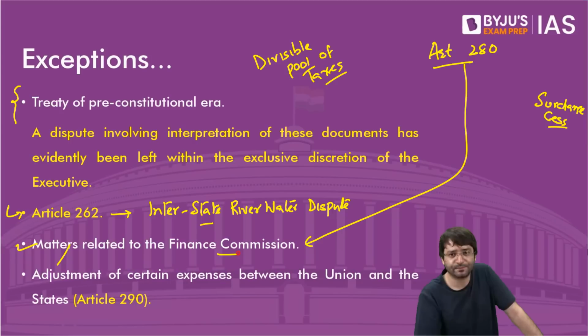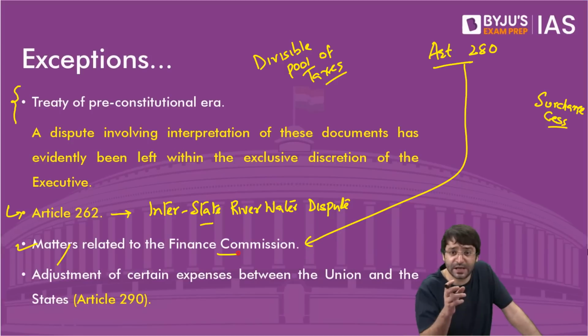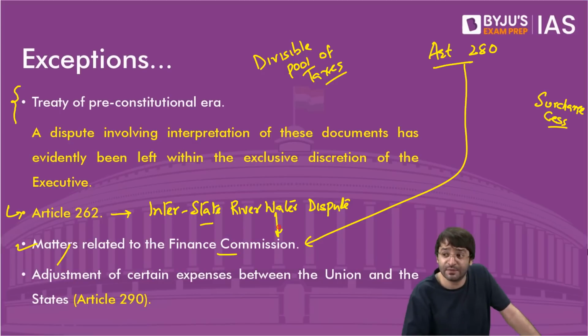But the Finance Commission, when it decides that 41% of this divisible pool of taxes will be shared with the states, some states will get more money as compared to others based on population. Do you know what census population figure the Finance Commission takes into account? The 2011 census.